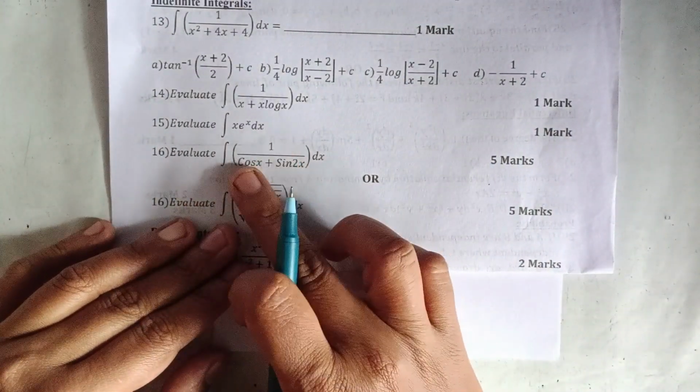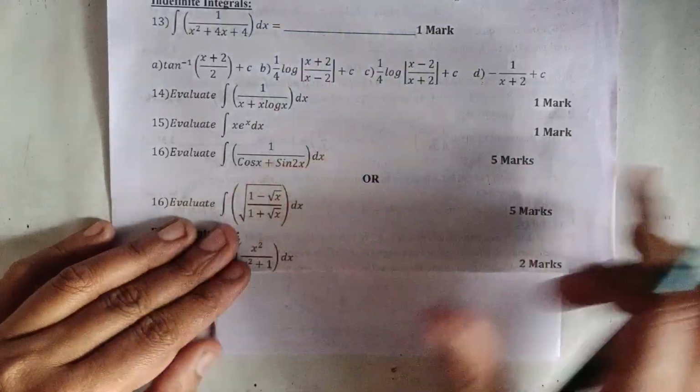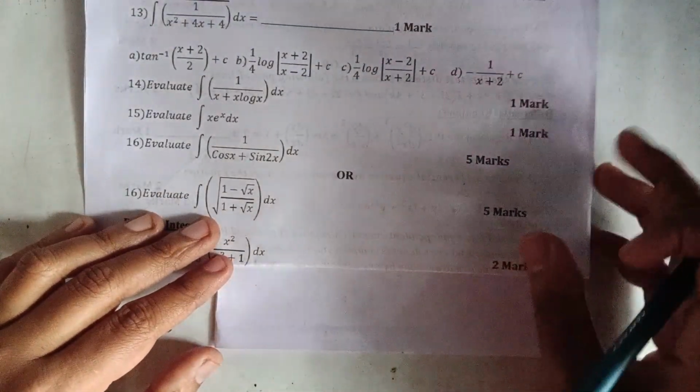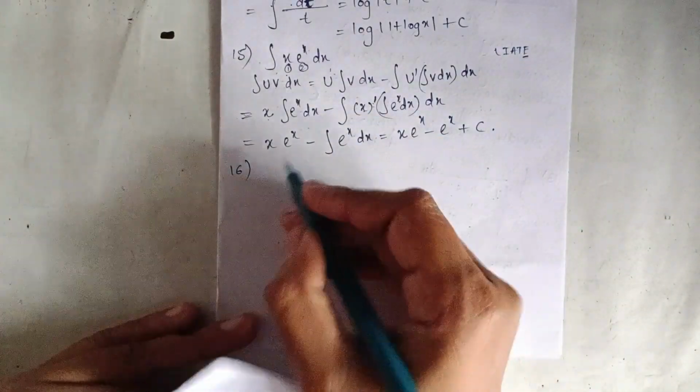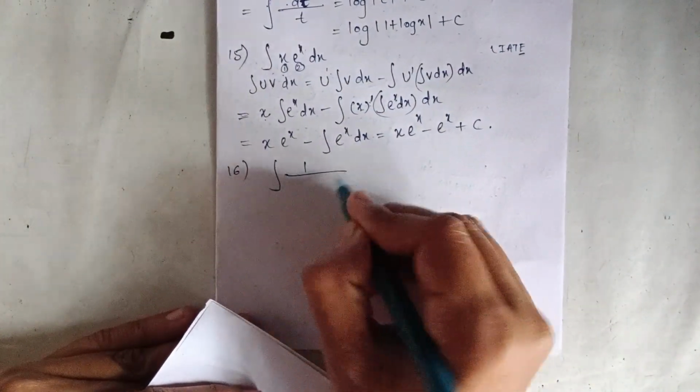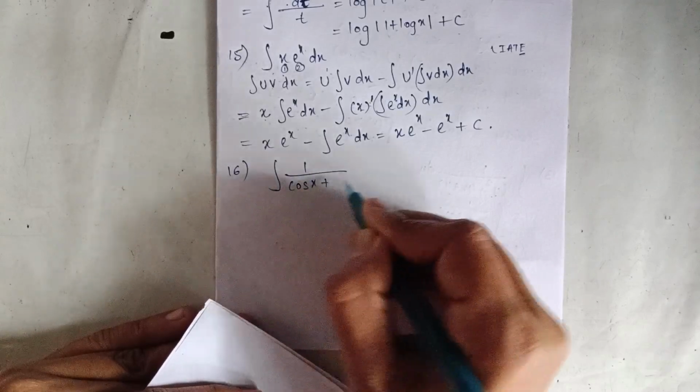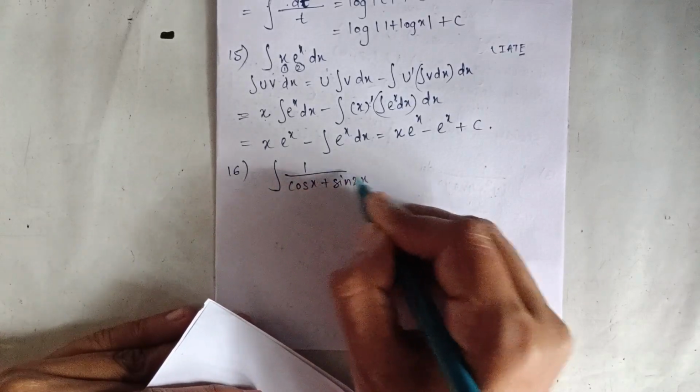Evaluate integral 1 upon cos x plus sin 2x dx. Okay, this is a 5 marks question. So this is a little bit lengthy. Integral of 1 upon cos of x plus sin 2x dx.